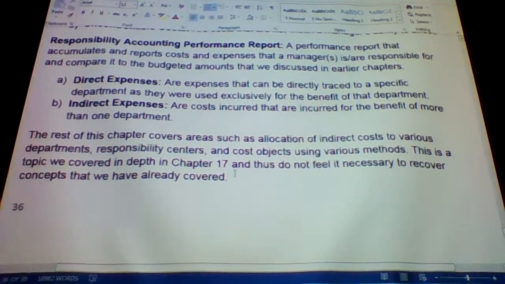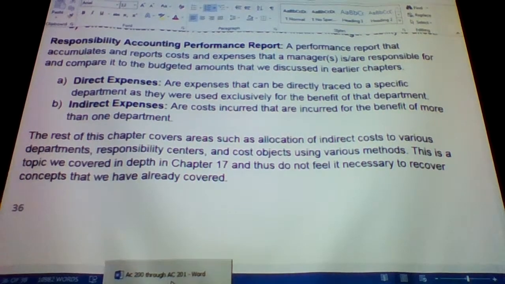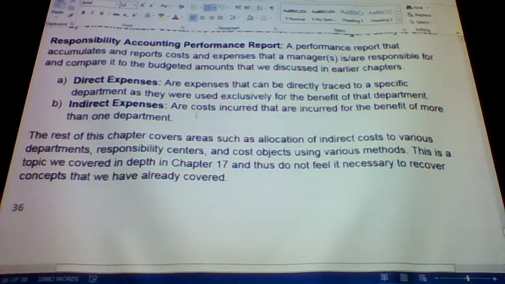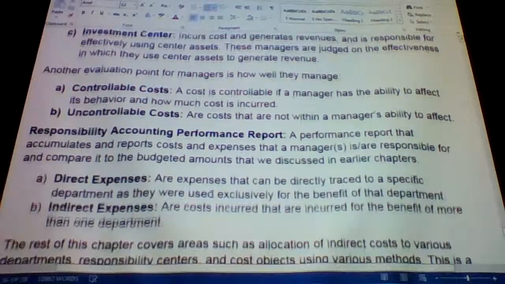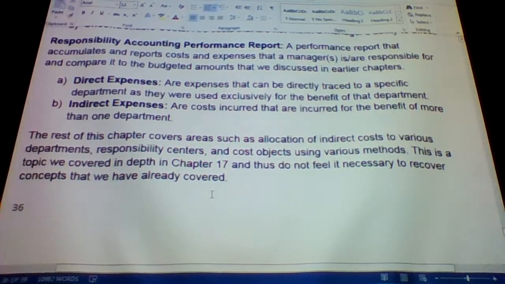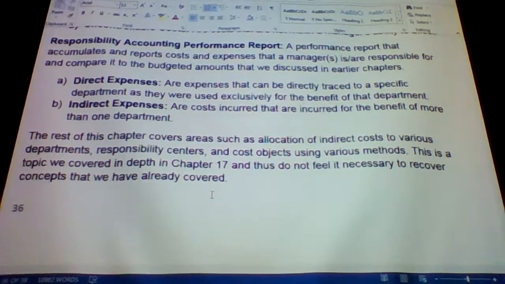All you have to do is pull up chapter 17 on the Collat Tutor Lab YouTube channel, and it will cover how you do the allocations for this. These are all of the new concepts for this chapter. Everything else we've already covered, so you should have a pretty good handle on it.